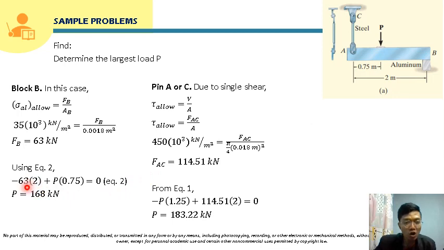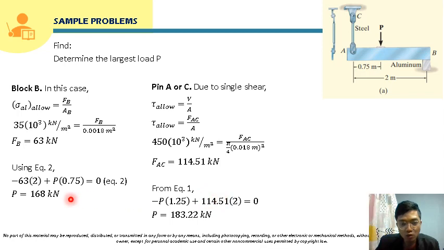But if you are going to apply this force P to the allowable shear stress for the pin at A or C, what will happen to this FAC?